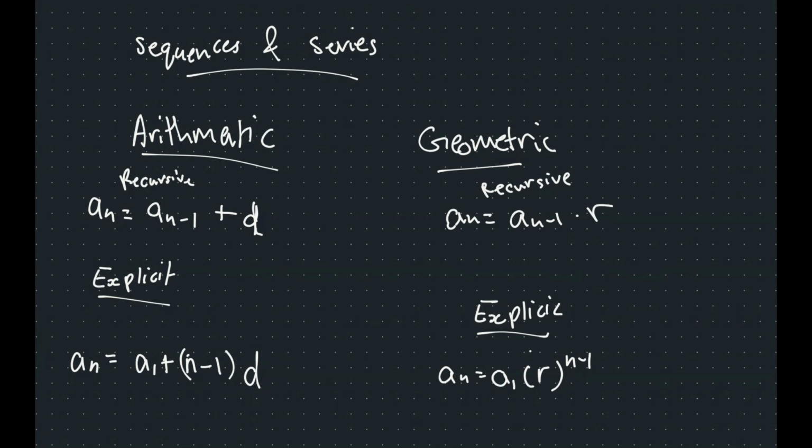So this is the explicit formula. And in this case, of course, you don't need to know the previous term to get the final term that you want. You only need to know the first term, the common difference, and the term that you want to find. You don't need to know the term that is before it.